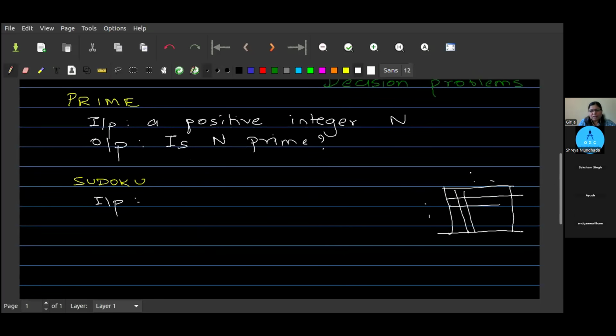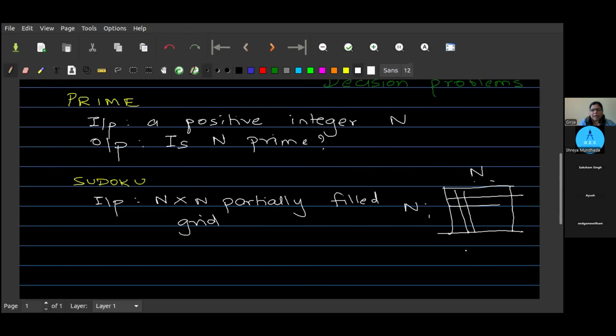We will generalize it and say that we have n rows and n columns instead of 9 by 9. I'm not defining Sudoku, I'm assuming you know that, but instead of the typical 9 by 9 puzzle, we will look at n by n Sudoku. So what is the input here? It is an n by n partially filled grid.